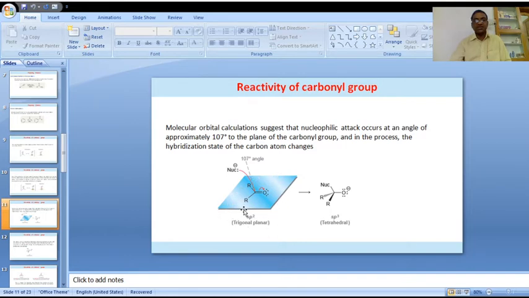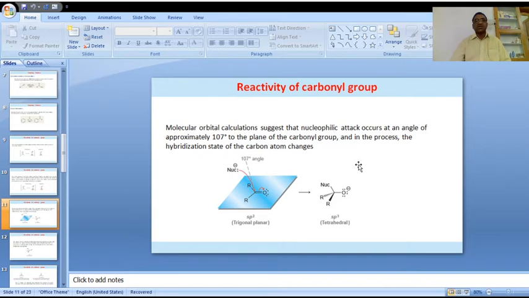Here we are representing it with a blue color shade. This is a trigonal planar structure. In this planar trigonal structure, we look at the attack of the nucleophile.